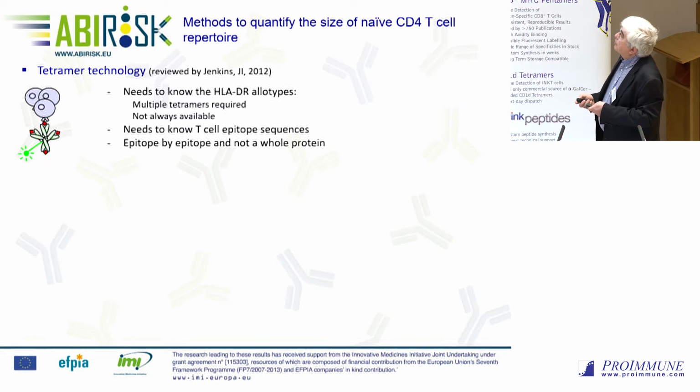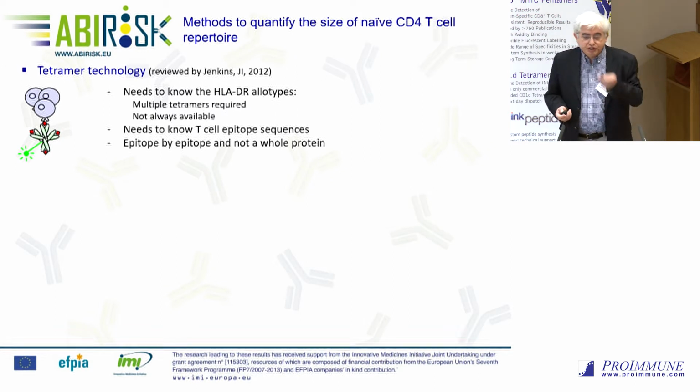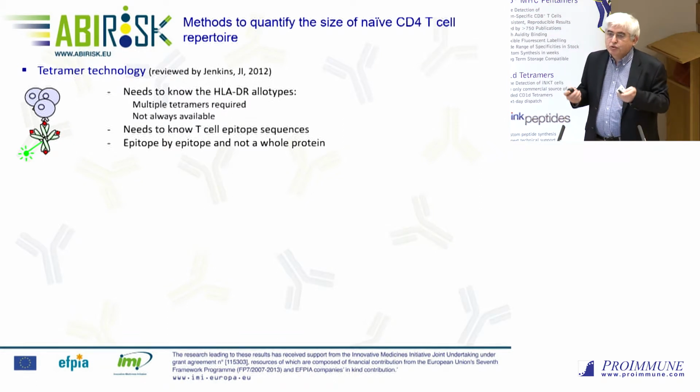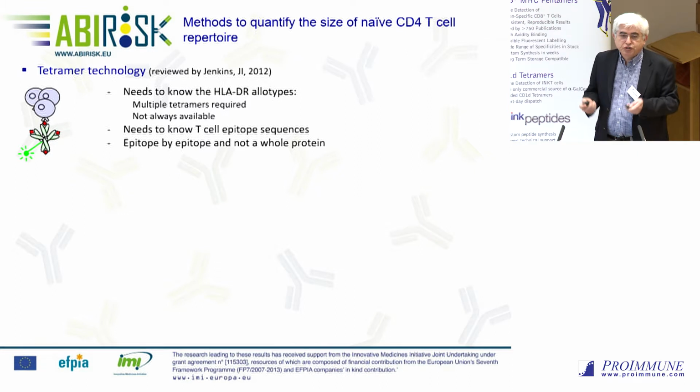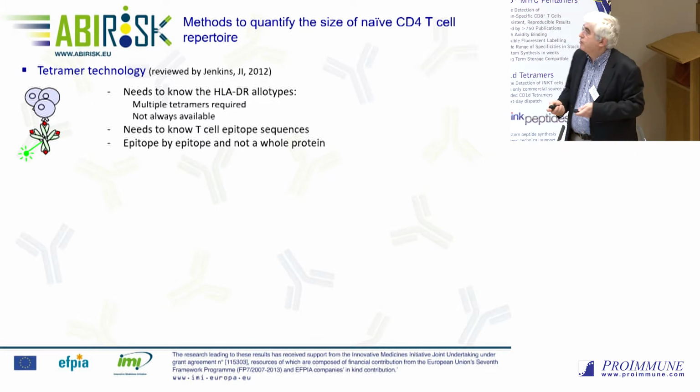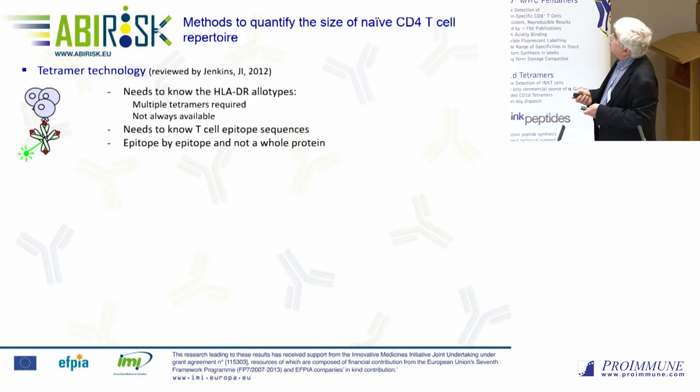But there are not so many technologies to quantify the number of cells in naive donors. There are technologies to detect them, but to quantify they are not so multiple. The first one is the tetramer technology, as I showed you.